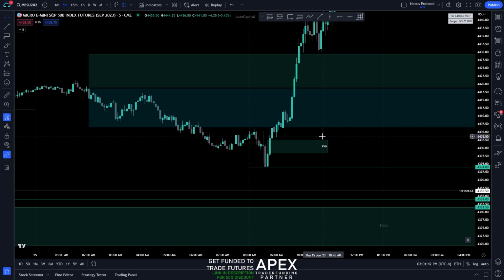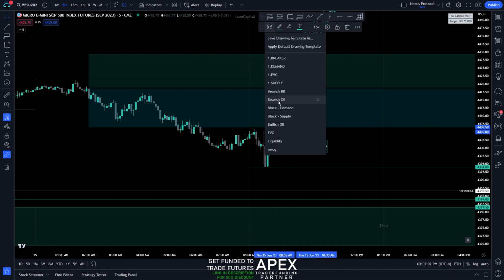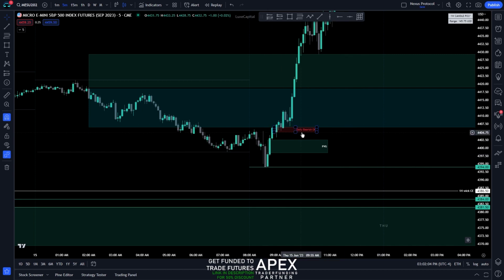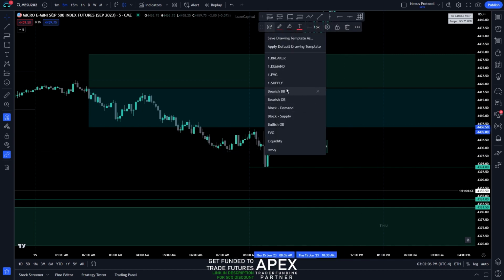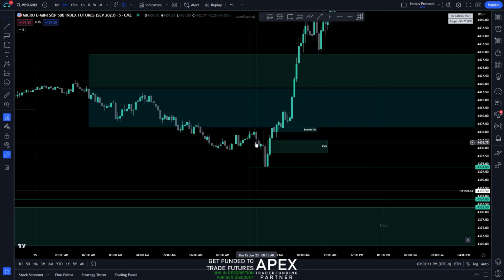But what there is, after this candle comes down and trades above this bullish candle or bearish candle, that's an order block. Like that, I think I've got one in here. Bearish order block, bullish order block. I don't have a bullish one. Yeah, bullish order block. And we've got a breaker here.